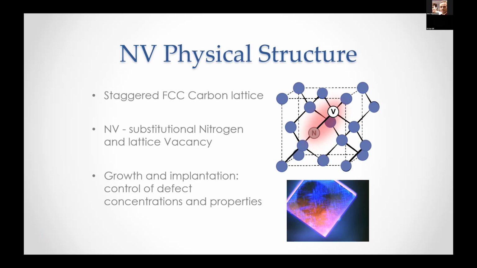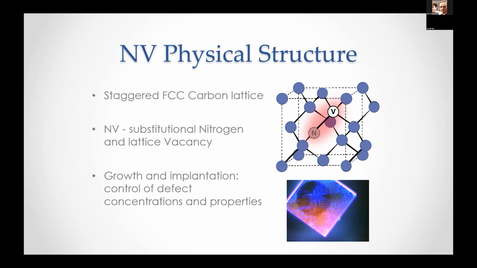So there's various processes that are involved in creating our samples, our substrates, that include both the growth process and the post-processing in terms of implantation, irradiation, annealing, and so on, that I'll not go into the details of unless you want me to. Okay, so now we have our sample.